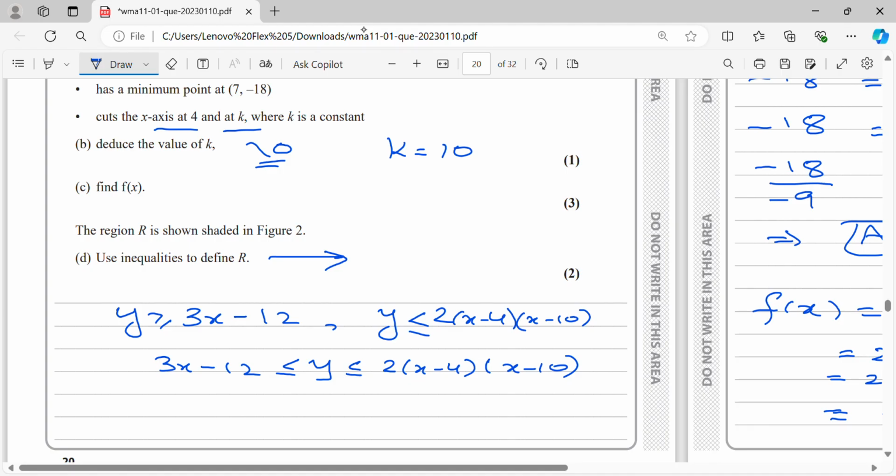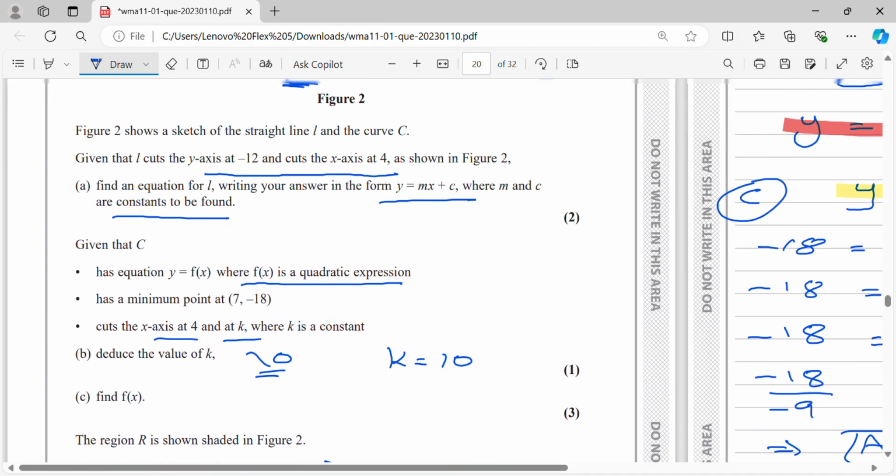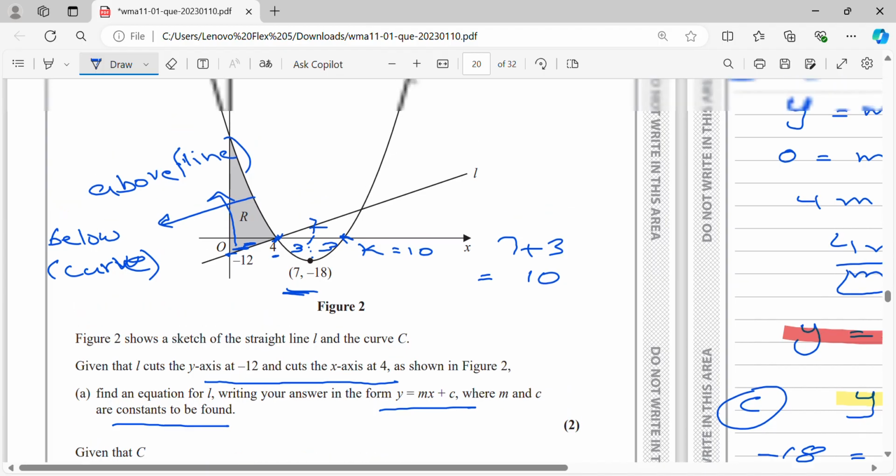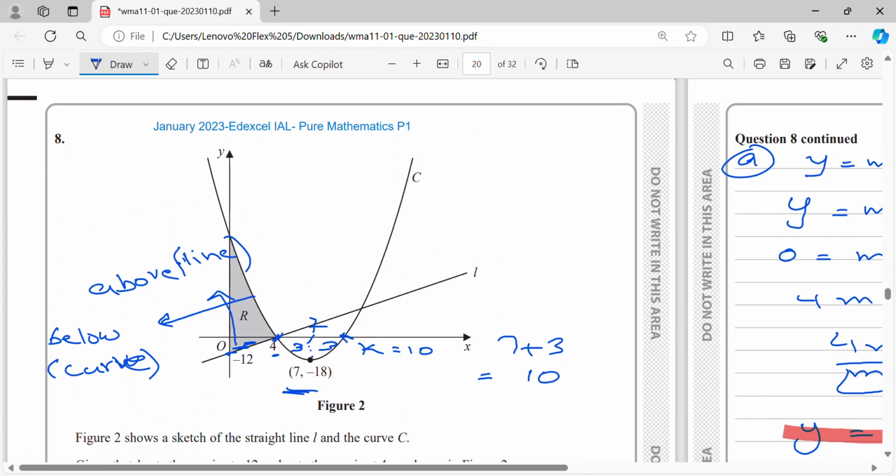This is the common region. This is how you write it, but you need to restrict x, because x lies between 0 and 4, as I said in the beginning. This was question number 8 from the January 2023 paper.